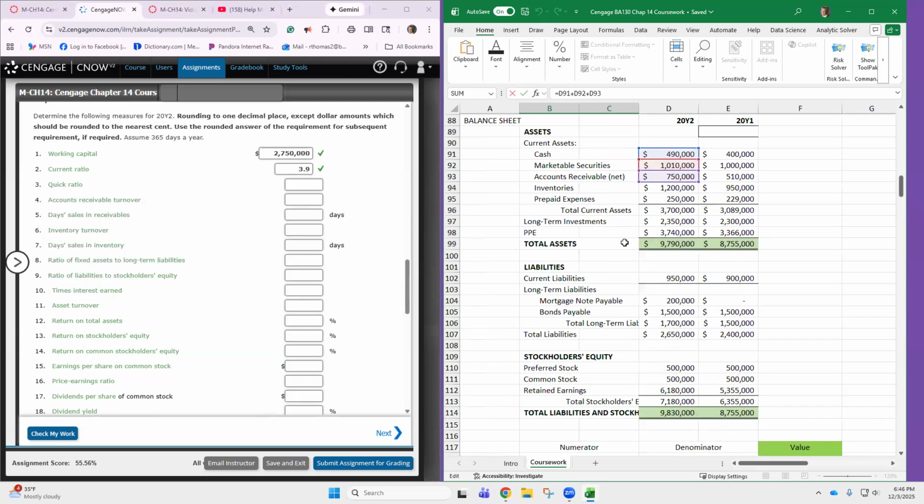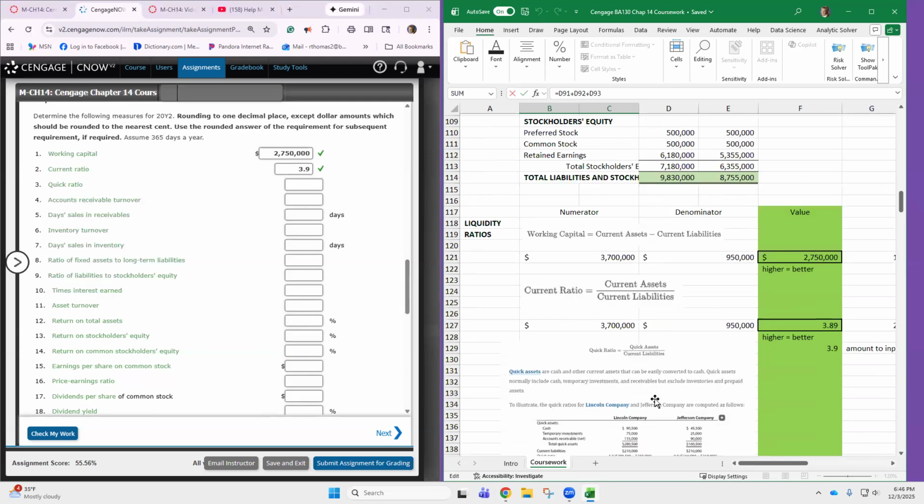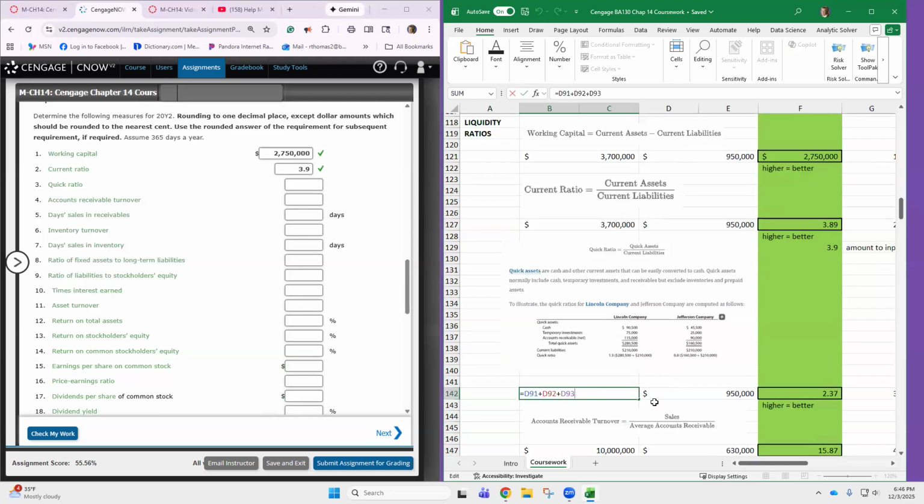Yes, there are the three that I am adding up down below. Okay, when I add those up, I'm also going to divide by the same current liabilities that I did in the other two. So for the first three ratios that we're calculating, we use the same denominator of current liabilities.